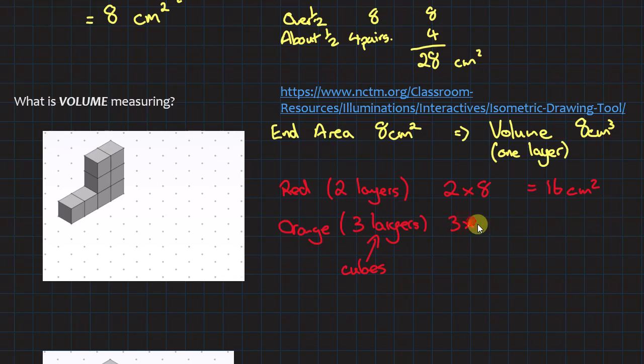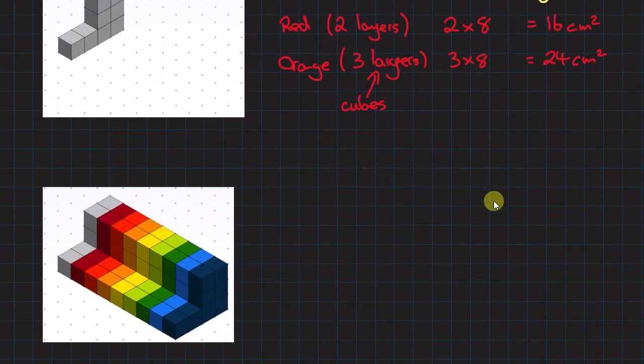So we've got 3 times 8, which is 24. And I can keep growing it up. This final one, I've got 1, 2, 3, 4, 5, 6, 7, 8, 9. 9 layers. Let's do it in blue. Blue. 9 layers.